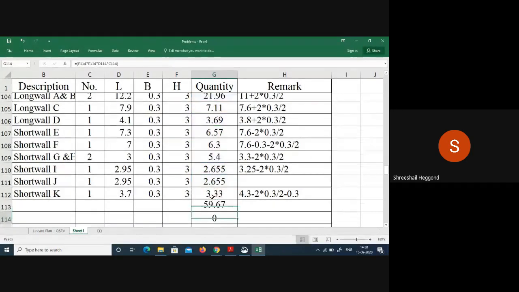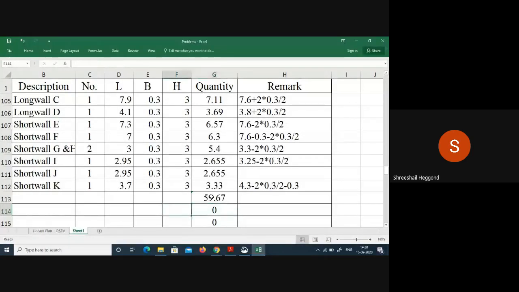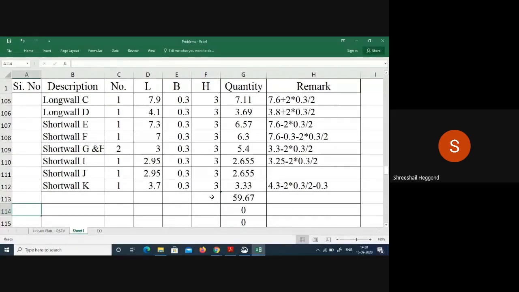Verify your answer with the previous numerical of central line method, whether you are getting 59.67 or not. This would be your total quantity of brickwork.